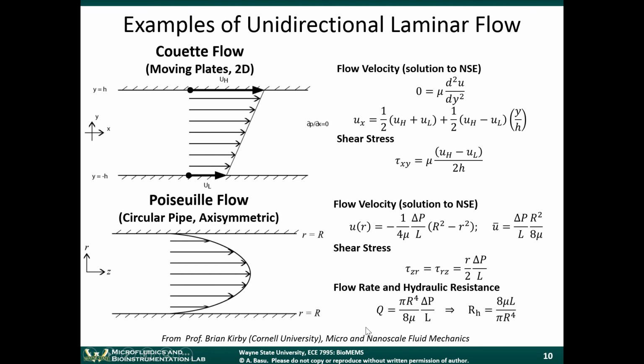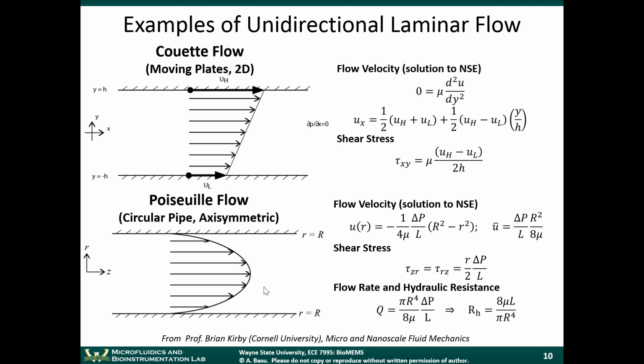Now, if you take Q divided by delta P, similar to V over I that we talked about in Module 1, if we treat this pipe as an electrical resistor, the analogy was that pressure is analogous to voltage, and flow rate is analogous to current.